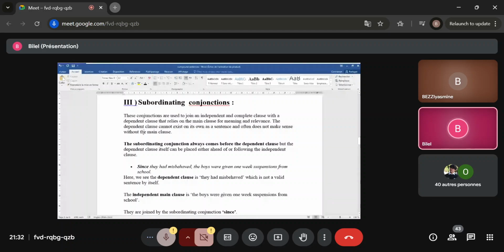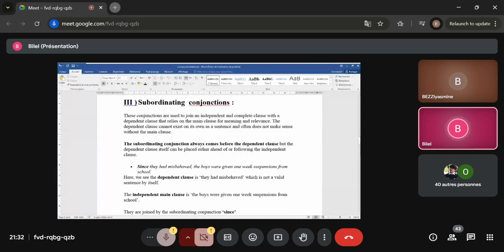The dependent clause cannot exist on its own as a sentence and often does not make sense without the main clause. The main clause is always the independent clause. The subordinating conjunction always comes before the dependent clause.